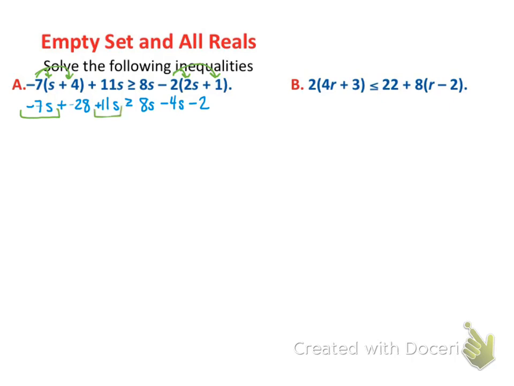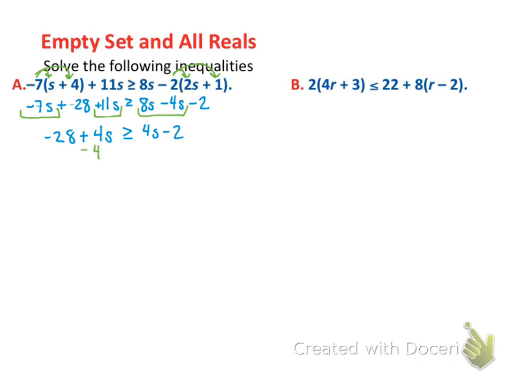So that would give me negative 28 plus 3s... Uh-oh, I did some bad math. Back up. What's negative 7 plus 11? 4s, silly teacher. All right, 8s minus 4s is 4s minus 2.